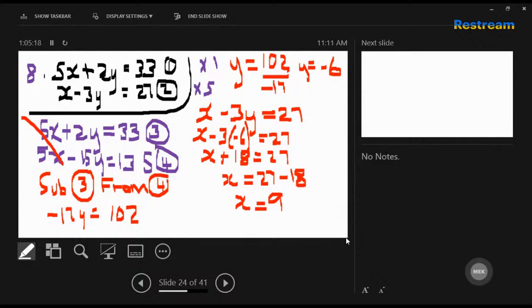You decide which equation you're going to take from the other, whether 3 from 4, 4 from 3. You're going to end up with different numbers in the middle, but ultimately your answer will be the same. So it really doesn't matter, and it's all up to you.